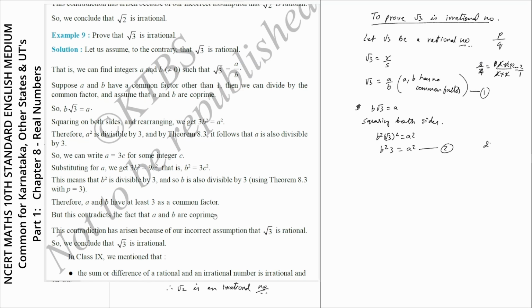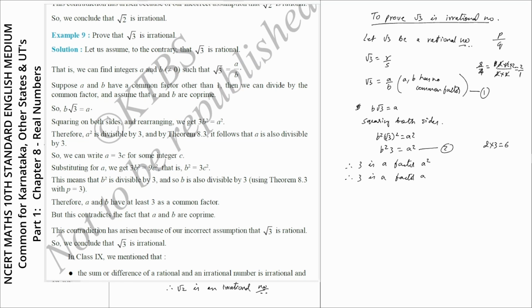For example, 2 into 3 is equal to 6. That means 2 is a factor of 6 and 3 is a factor of 6. So here 3 is a factor of a square. Therefore 3 is a factor of a also, according to theorem 8.3.